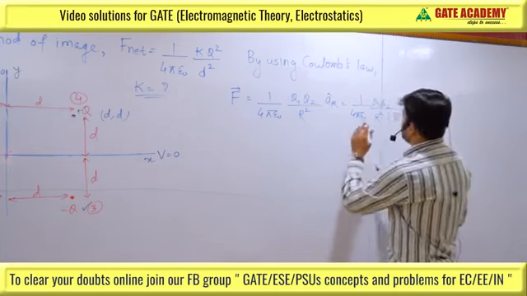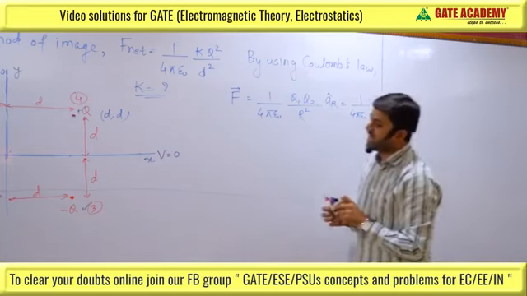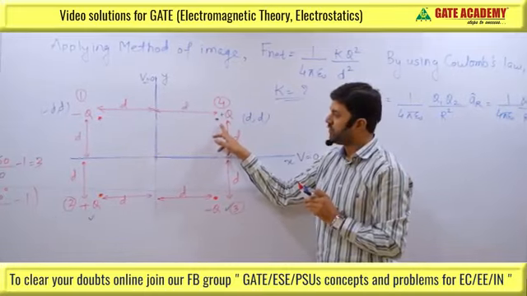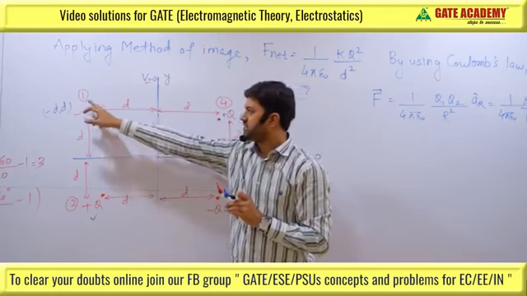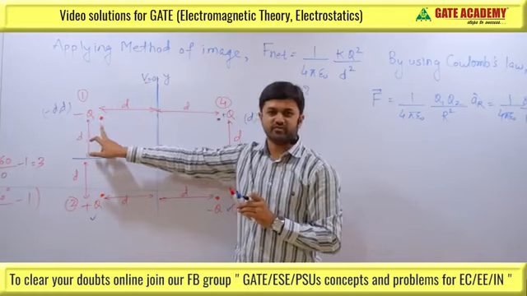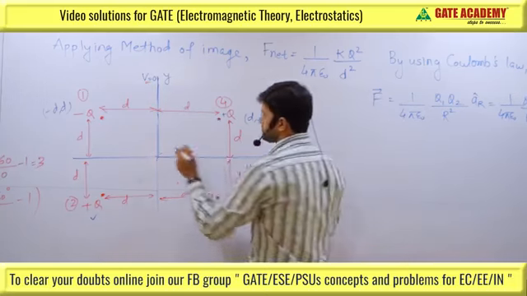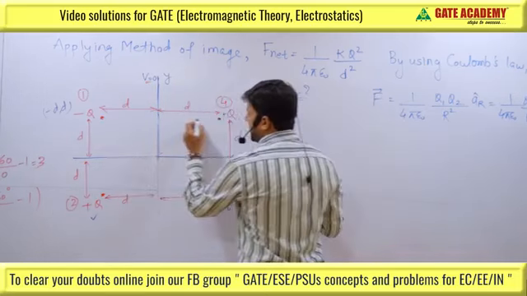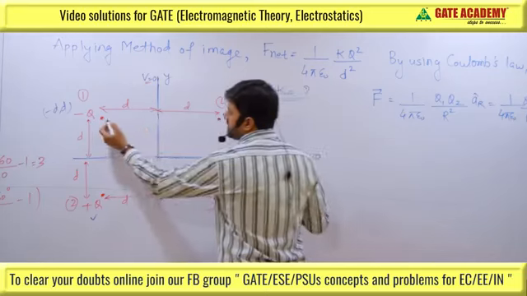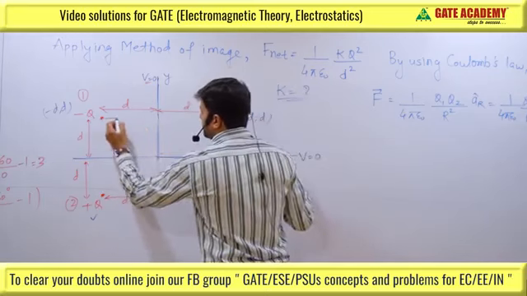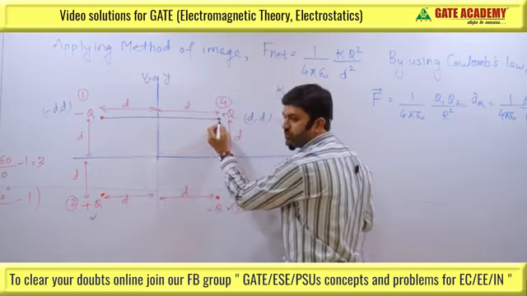Now we apply this Coulomb's law to calculate the force on this point charge placed at 4 because of the point charge at minus d, minus d, that means at point 1. So we join a line from the charge at 1 to 4, because we have to calculate force on this point charge.